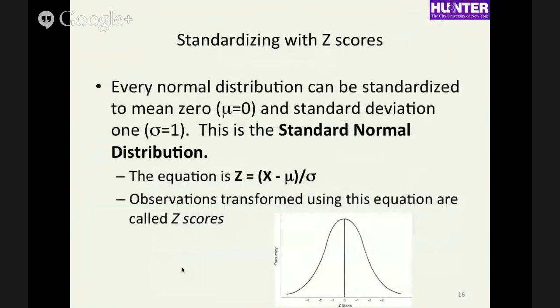Yeah, so this standardization with the Z-score, it converts any normal distribution to the standard normal distribution, to the normal distribution that has mean 0 and standard deviation 1. But it doesn't make some distribution that is not normal into a normal distribution.